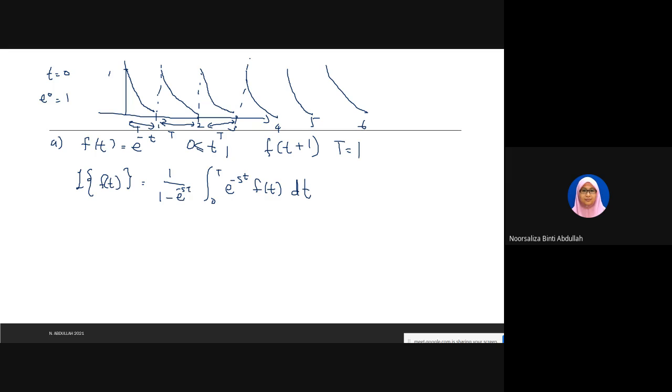So capital T is 1, and F(t) is exponent minus t. Kita masukkan kat dalam ni.